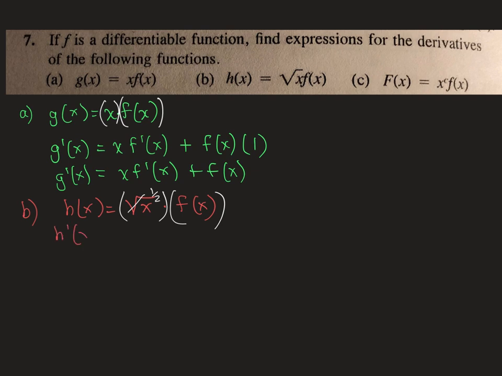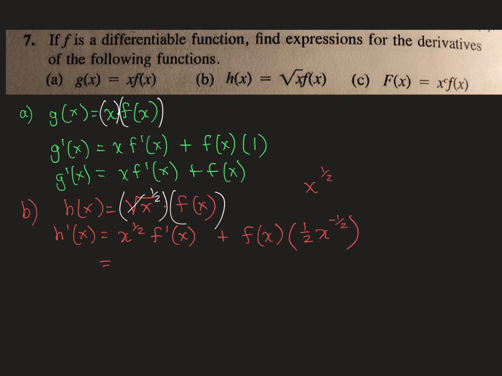So h prime of x equals, okay, so first, x to the 1/2 times the derivative of the second, which would be f prime of x, plus the second, f of x, times the derivative of the first factor, which we'll have to use power rule on. So we're doing x to 1/2. So multiply the 1/2 down front, and then decrease your exponent by 1, which would give you negative 1/2. So we would have 1/2 x to the negative 1/2.